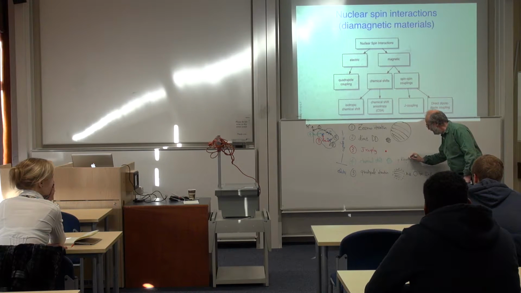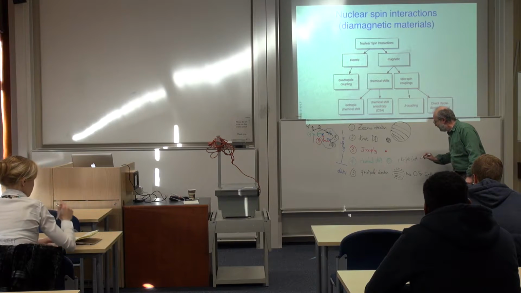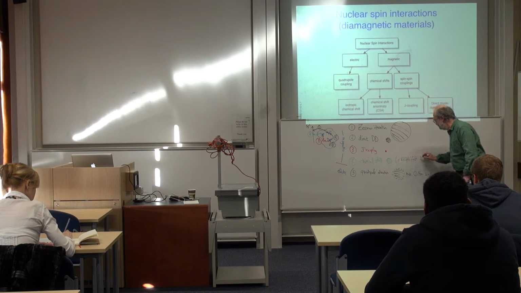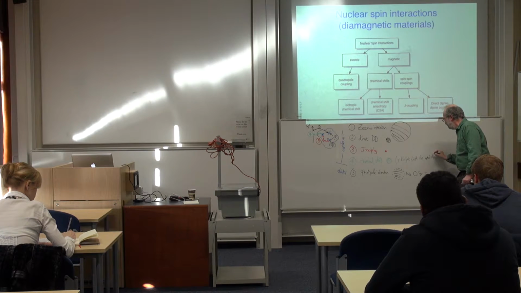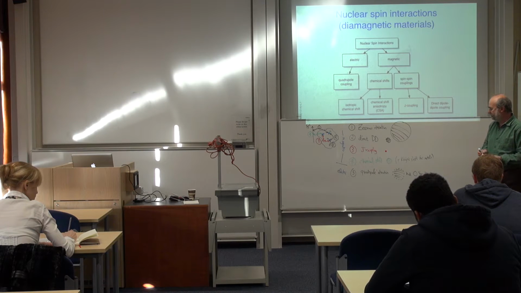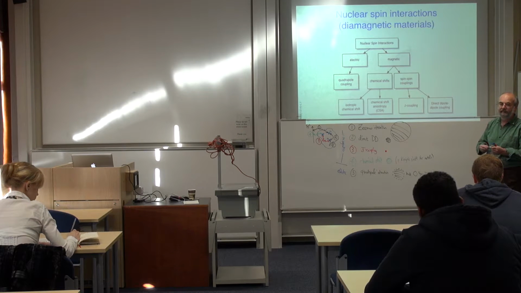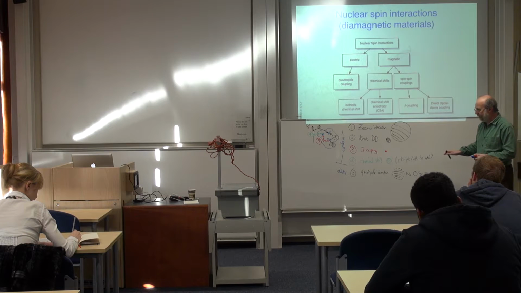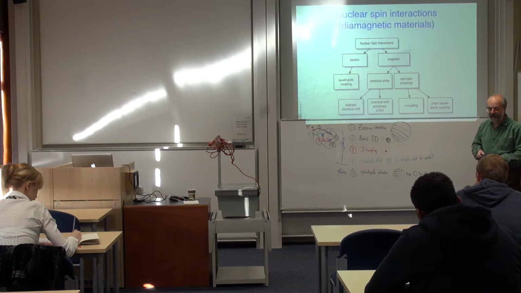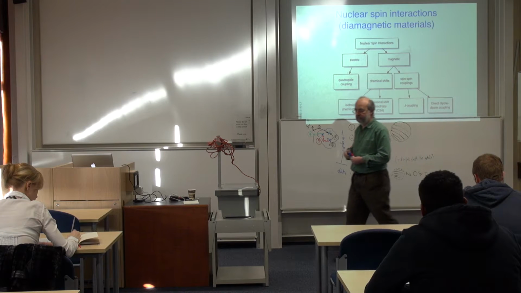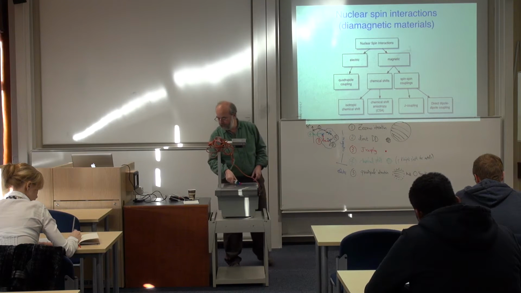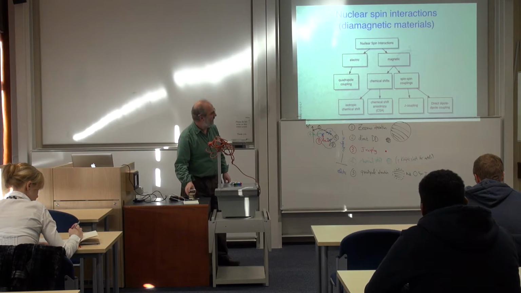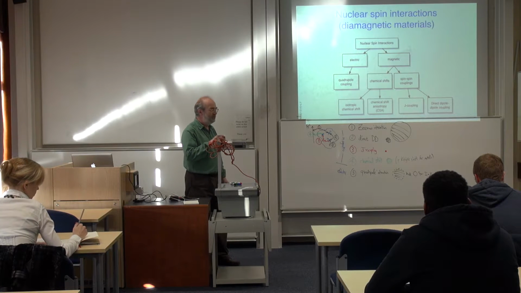It's the interaction of nuclei with the conduction electrons, the ones which carry the electrical current in the metal. But it actually involves electron spin, so it doesn't really quite belong in this diagram. Okay, so that's our landscape. Okay with that?